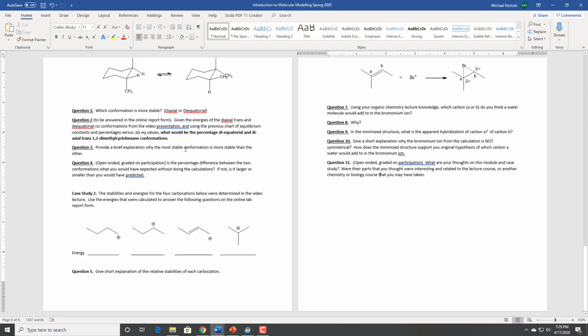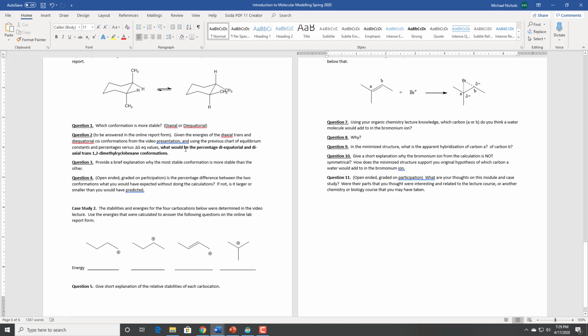Provide a brief explanation of why the most stable conformation is the most stable conformation. Your explanation can be something stabilizing for one or something destabilizing for the other. Then there's an open-ended question about when you calculate those percentages, what did you think? Did you think that number would be higher, would be lower?